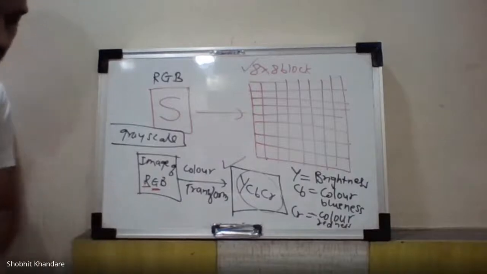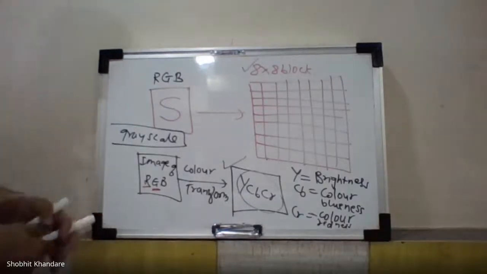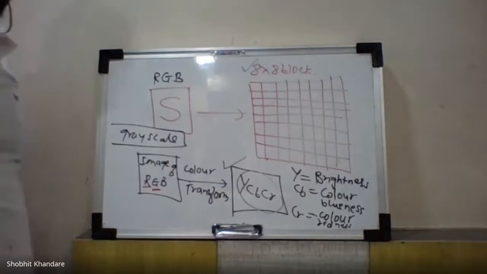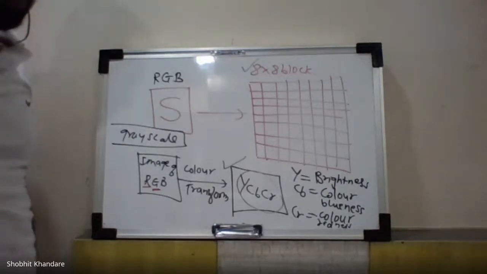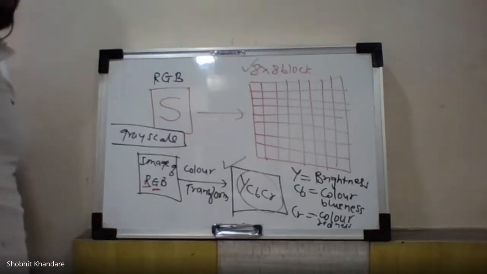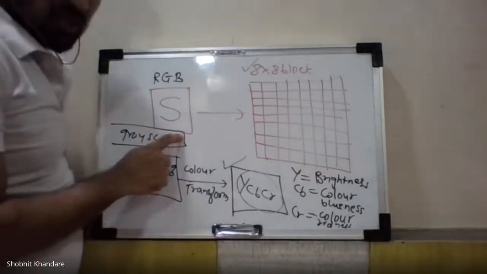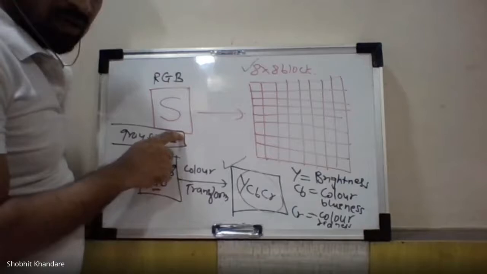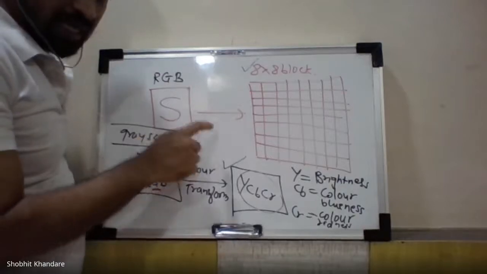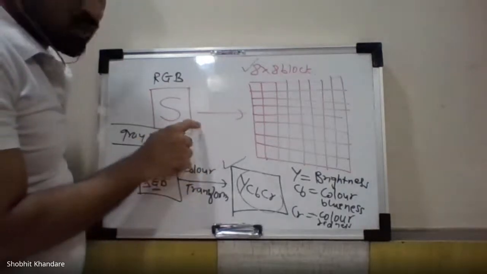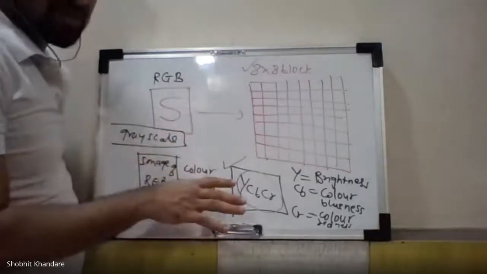Now here, the important thing is that when your RGB color space is converted into YCbCr color space, you are downsampling the frequency. What does it mean?